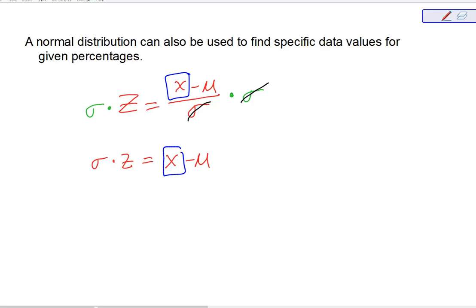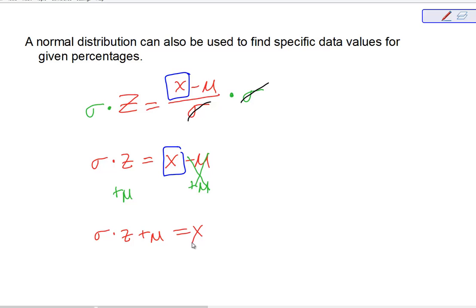And I'm still wanting to find my x value here. So if I'm still wanting to solve for x, that means I want to get rid of my mean. Well, right now the mean is subtracted. The opposite of subtraction is addition. So I'm going to add the mean to both sides. When I do that, it cancels these out, and I'm left with standard deviation times z plus the mean equals x.